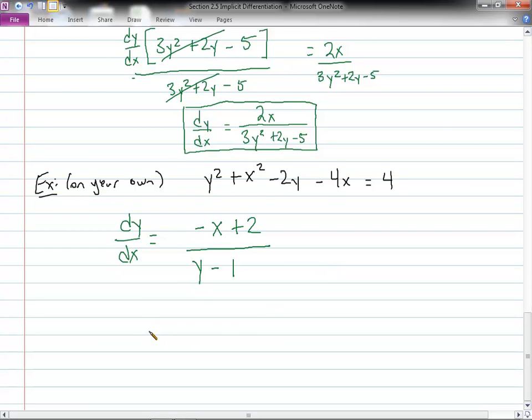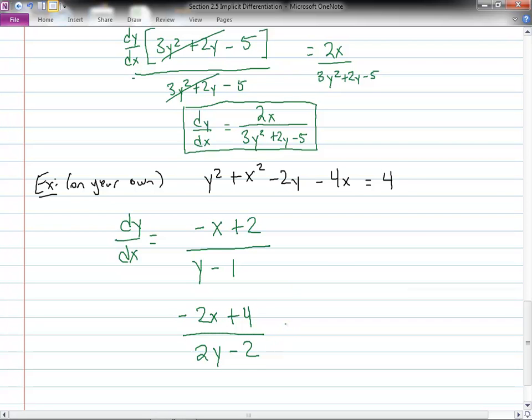I put negative 2x plus 4 divided by 2y minus 2. Okay. Anything else? Is your answer on the board? Okay, which one's right? How many vote for the first one? You got to vote for your own if you read it off. Raise your hand. How many vote for the second one? Raise it high. I got to see it.